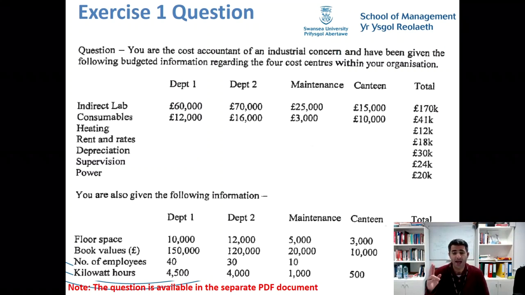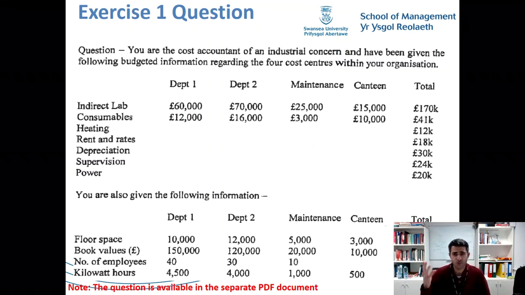And the overheads included are the indirect labor, consumables, heating, rent, depreciation, supervision, and power. These are all classified as overheads or indirect costs.